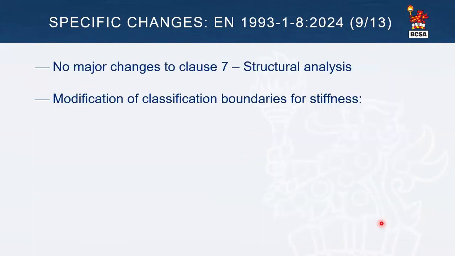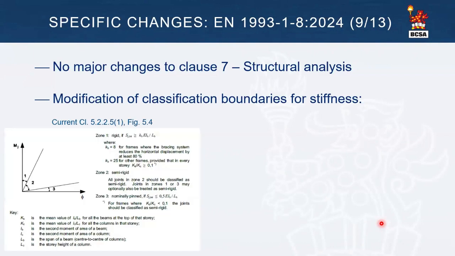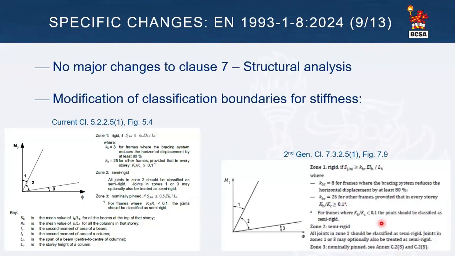No major changes in clause 7 for structural analysis. I would just like to note some modification of the classification boundaries for stiffness, although this is not widely used in the UK. So as you know, you have 3 zones: rigid, nominally pinned, and in between the so-called semi-rigid.